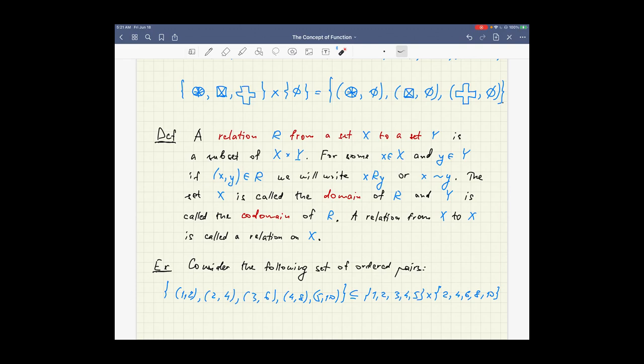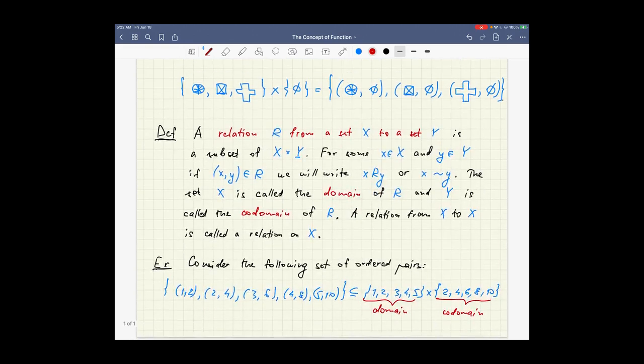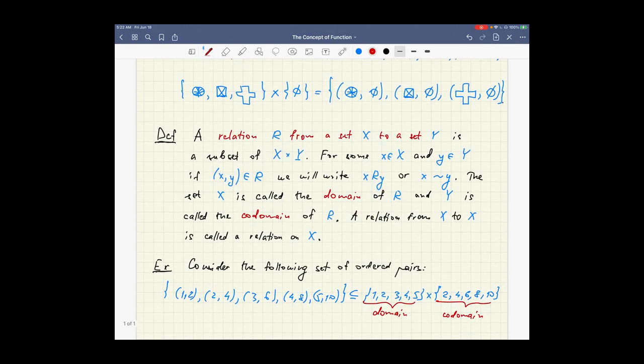So here, the set 1, 2, 3, 4, 5 is the domain, and this is the codomain. Okay, once we have introduced the idea of a relation, we can introduce the idea of a function.